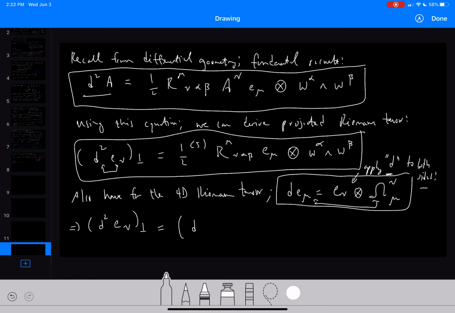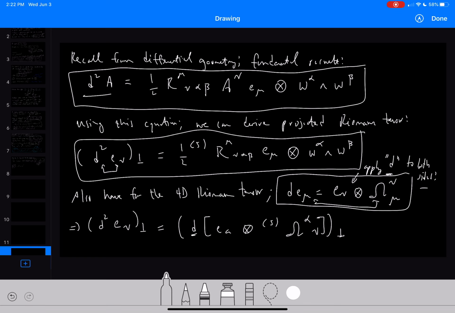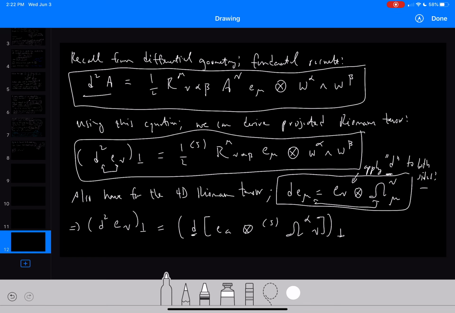I'll just change around my indices here. So this is going to be, let's say, E A tensor product with the fifth dimensional rotation form here. And then I'll take its orthogonal projection, just to keep the two sides the same. And now, very simply, you just apply this exterior derivative operator to the tensor product itself.